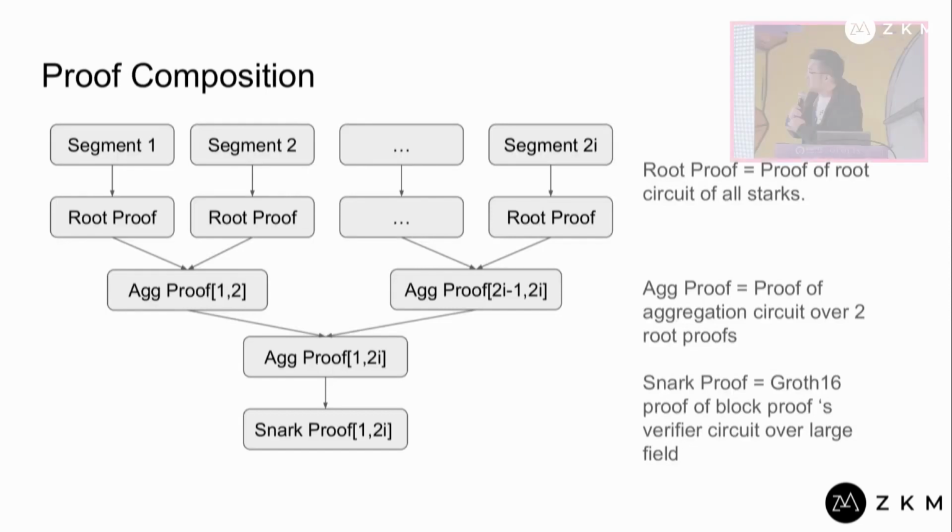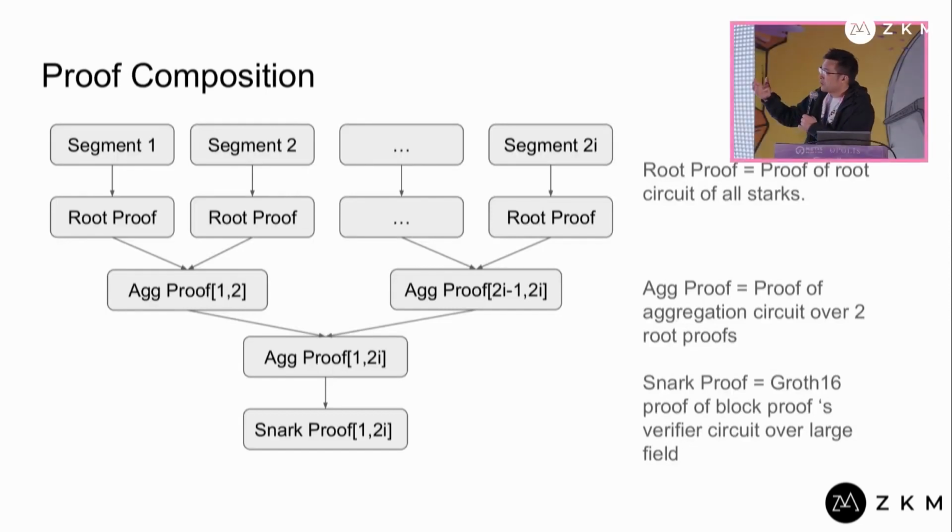For the proof composition, we have different segments. First we generate the STARK proof for each segment. Why do we say the root proof here? Because we have different trace tables, so we actually have multiple STARK proofs for even one set of instructions.